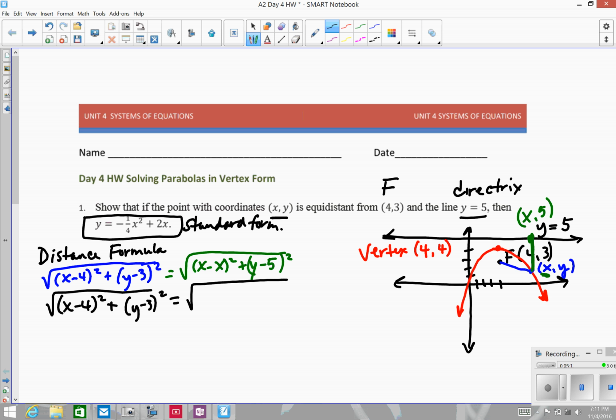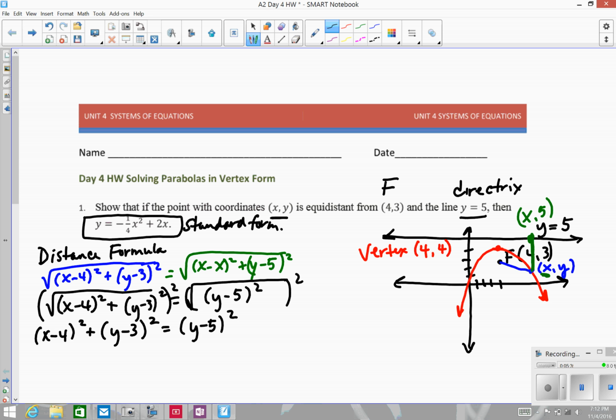On the right-hand side, what I wrote in green, the x's will cancel each other out, and all we will have left is y minus 5 quantity squared. We're going to square both sides of our equation to get rid of our radicals. x minus 4 squared plus y minus 3 squared equals y minus 5 squared.